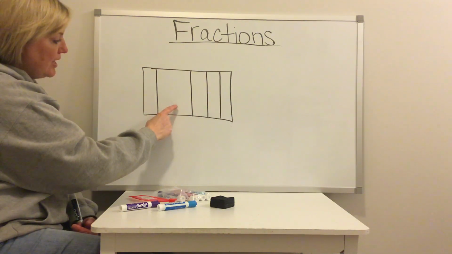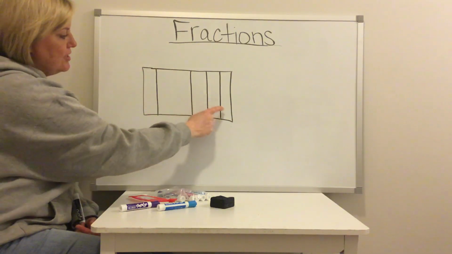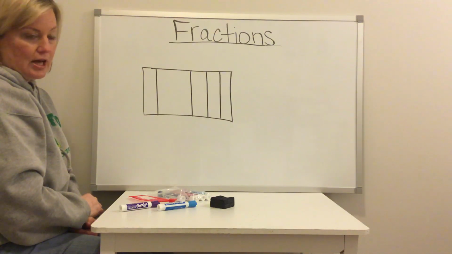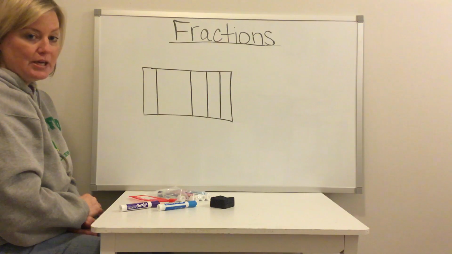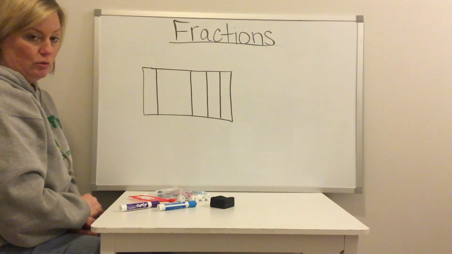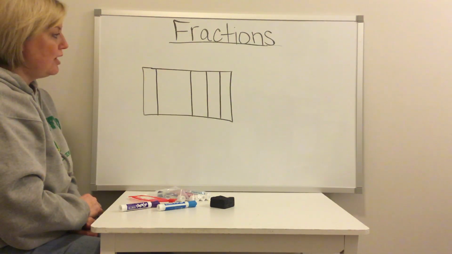Okay, this piece right here is much larger than these other 4 pieces. Okay, so we can't do a fraction for that. We need all of our pieces to be equal, or as close to equal as we can get them.